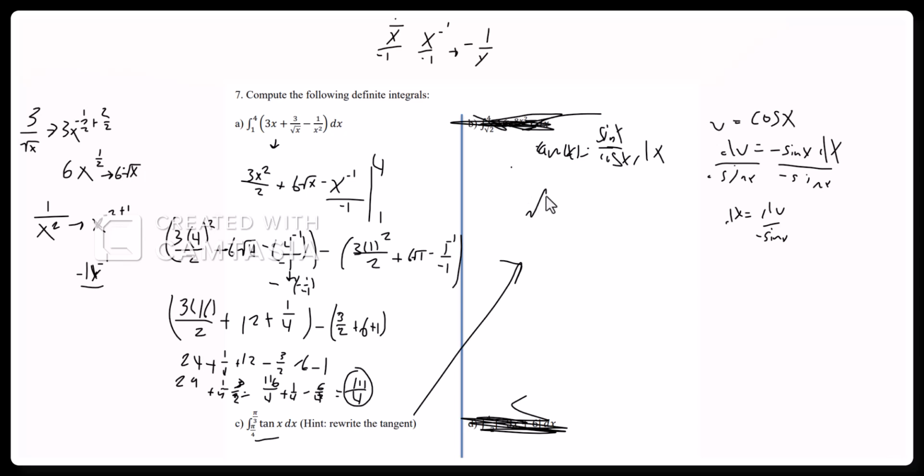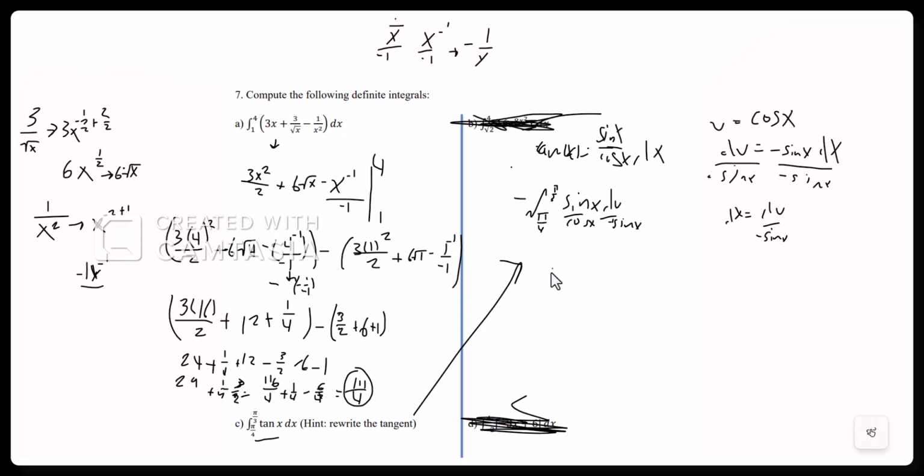So when the integral is from pi over 4 to pi over 3, we're going to get sine over cosine, which is going to be du over negative sine. And what's cool about this is that you could move this negative sign to the left side. So then you remove the sine.